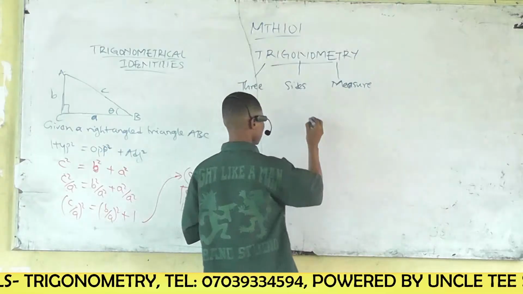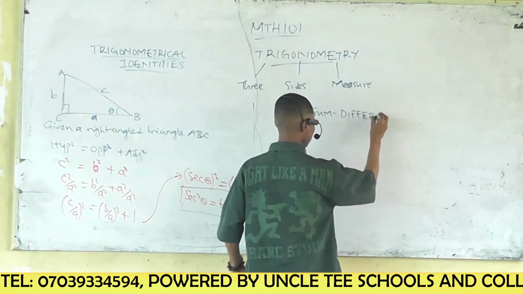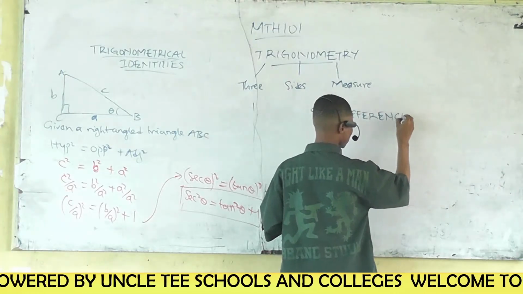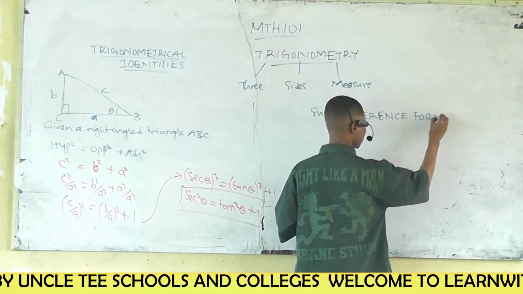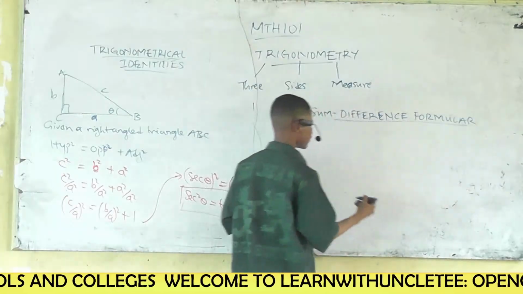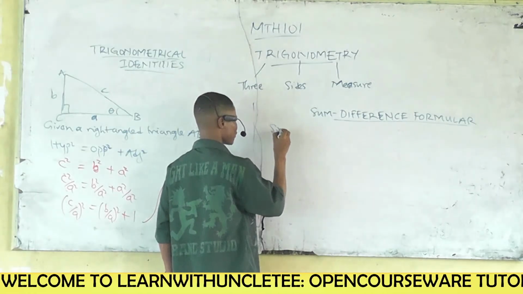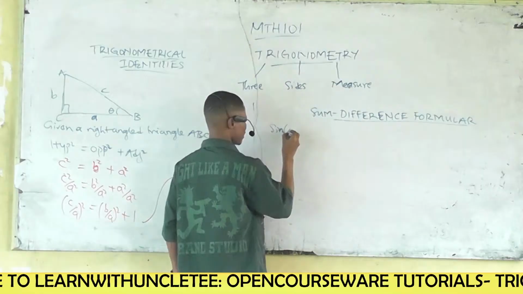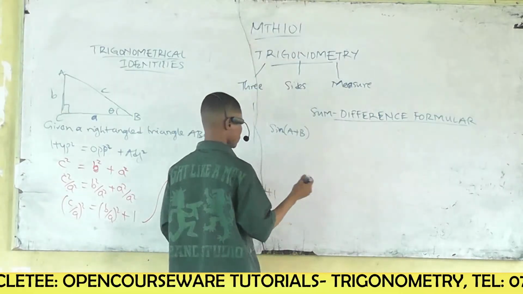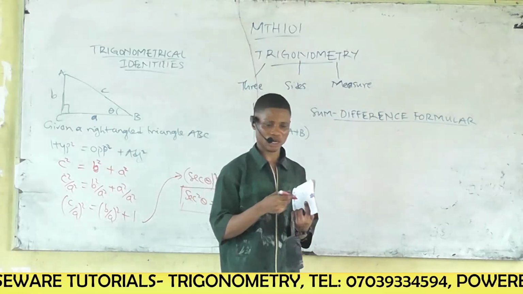Now let's go to some difference formula. Some difference formula states that if you have sine A plus B, that is taking A plus B to be a compound angle.